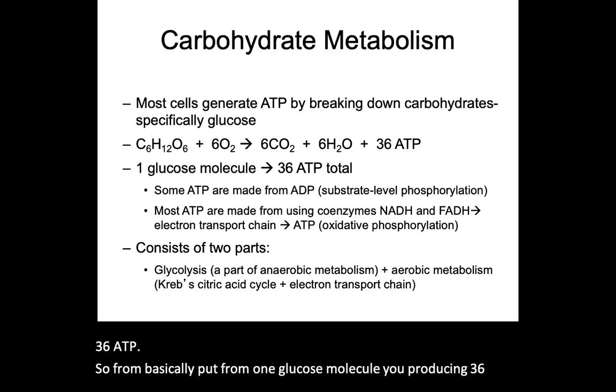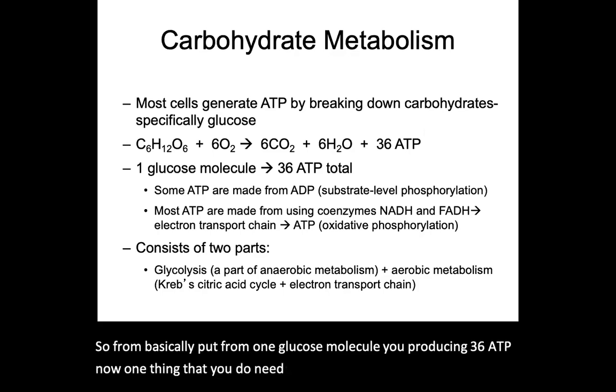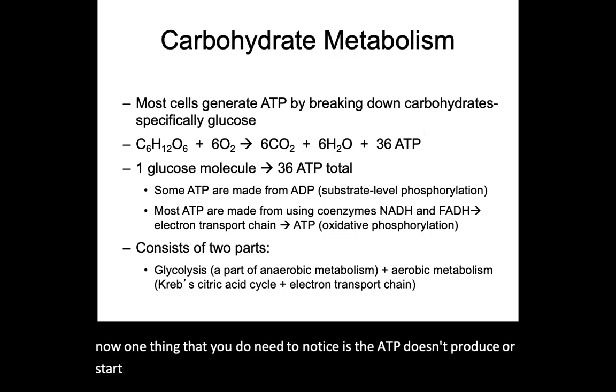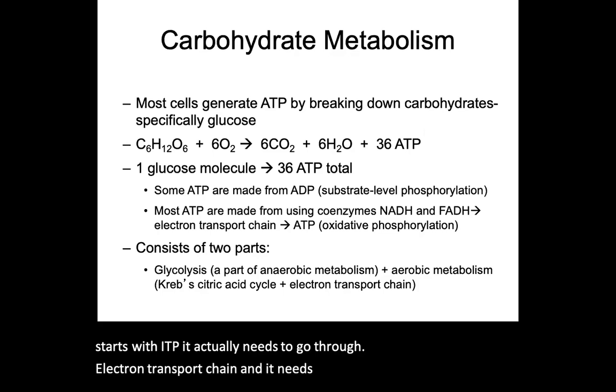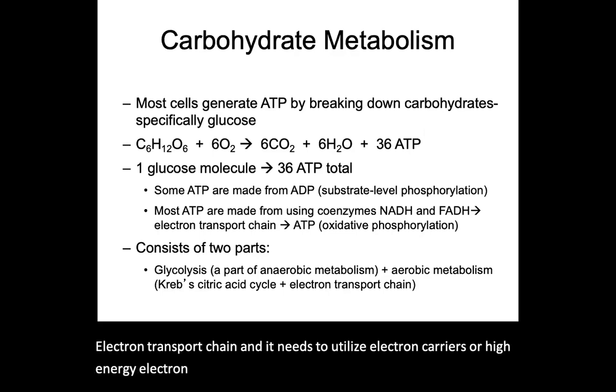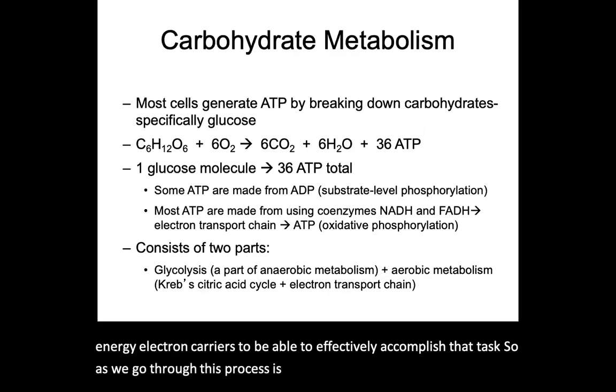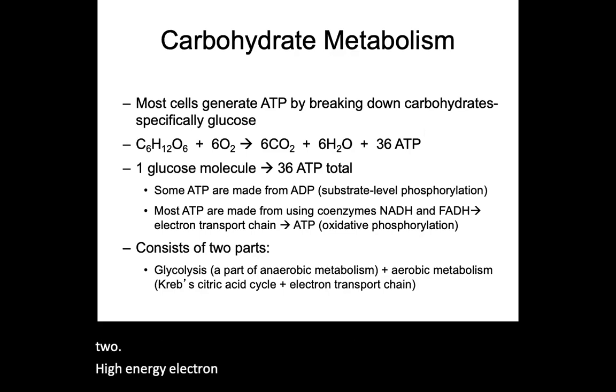Now, one thing that you do need to notice is that ATP doesn't start as ATP. It actually needs to go through the electron transport chain, and it needs to utilize high energy electron carriers to be able to effectively accomplish that task. So as we go through these processes, you will hear these two high energy electron carriers multiple times.